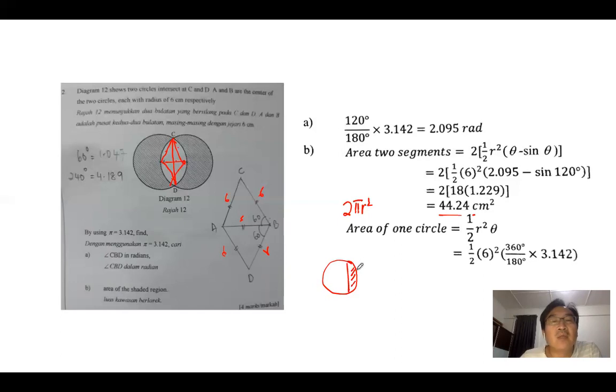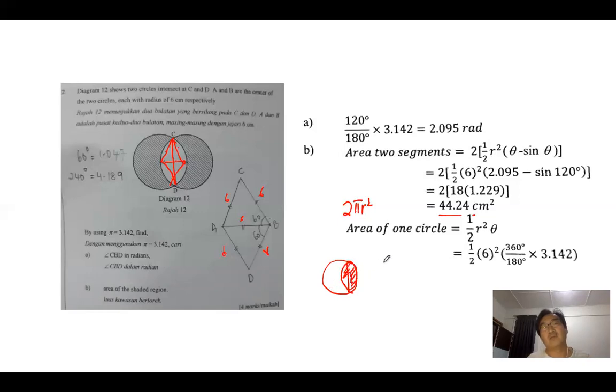Okay, let me think why they use this one circle. Area of one circle is pi r square. Okay, correct. Pi r square. You minus one area. Okay, you minus. This is the segment, right? So one circle you minus, you get this.